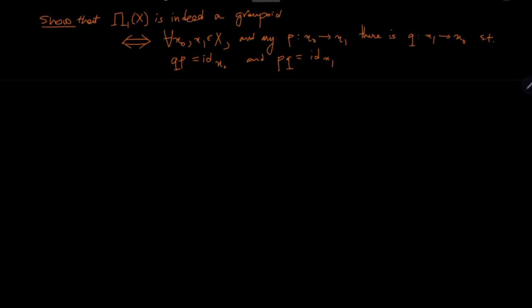So do it like this. Suppose P is the equivalence class of this map f, and this is a morphism from x0 to x1, where f of 0 is x0, f of 1 is x1.